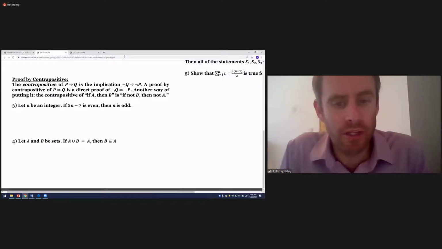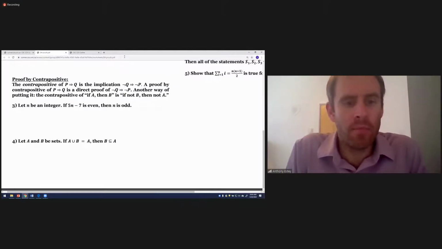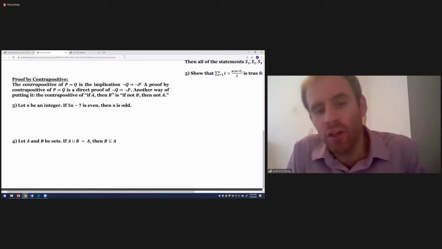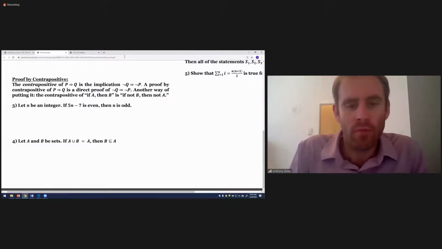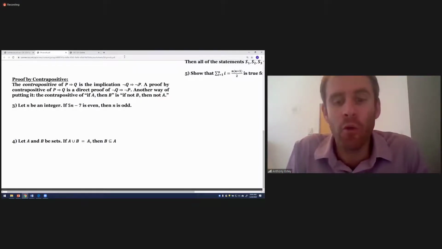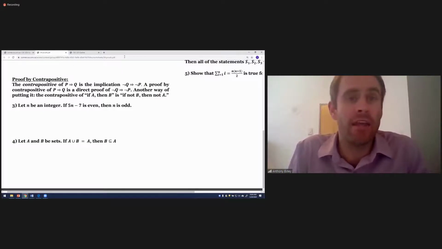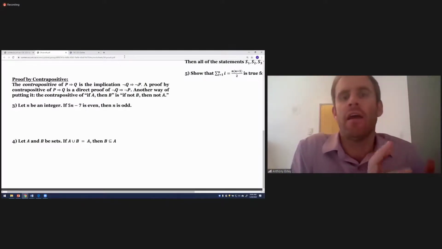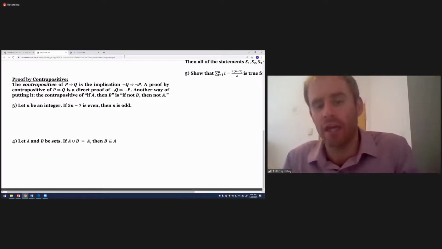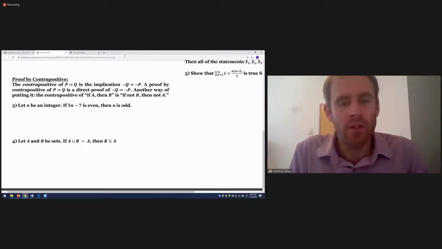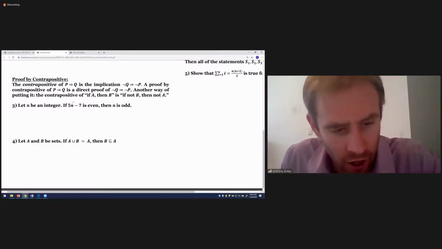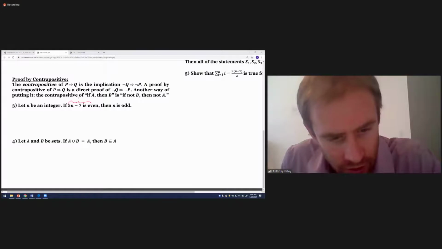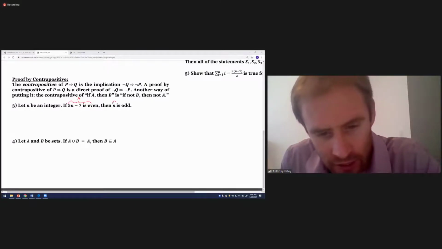Okay, so contrapositive. The contrapositive of P implies Q is the implication, not Q implies not P. I added the Wikipedia explanation here where it says that the contrapositive of if A, then B, is if not B, then not A. So in this case, our A here is here and our B is here.